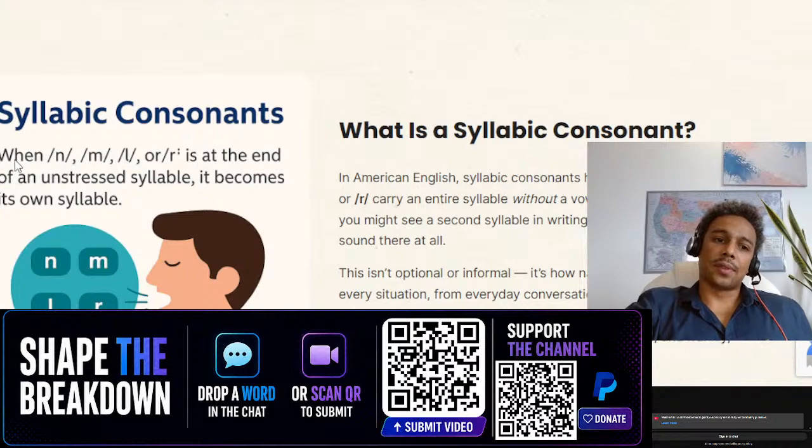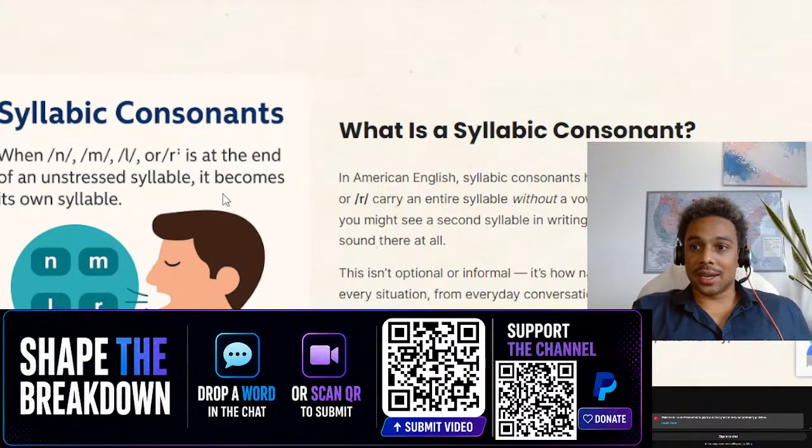Okay, what we're talking about here, syllabic consonants. Look what it says. When N, M, L, or R is at the end of an unstressed syllable, it becomes its own syllable. Okay, read that again. Sometimes we need to read things more than once to digest them.